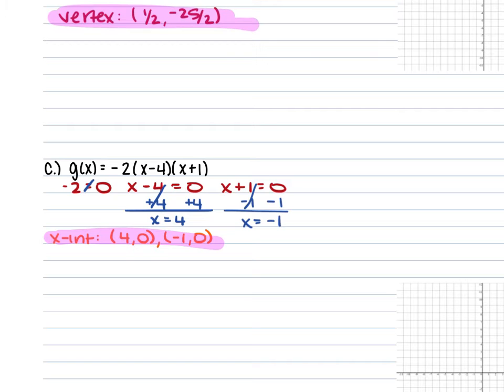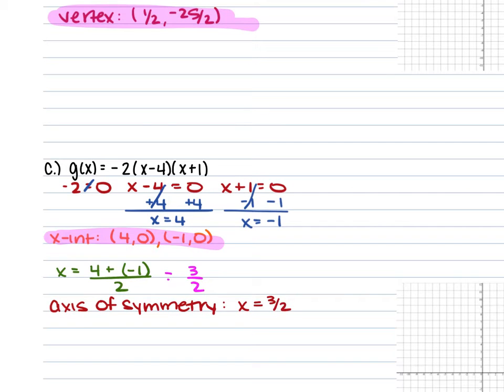Your axis of symmetry is going to be x is equal to the two x values from your x-intercepts, so 4 plus negative 1 divided by 2. The 4 plus negative 1 gives us 3 over 2. So our axis of symmetry is x is equal to 3 over 2.